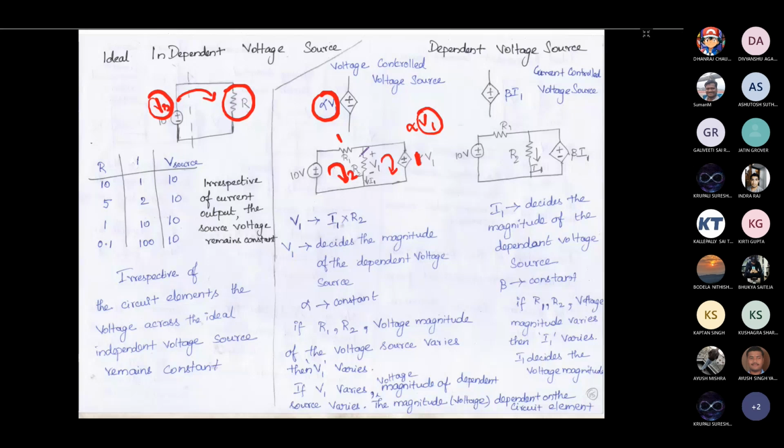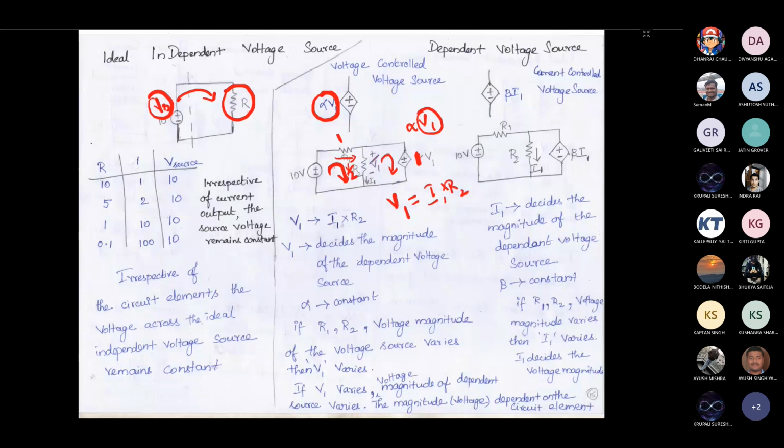So some current will flow through R1 and some current through R2. Let's say the current through this R2 is I1. So what will be V1? V1 is the voltage across the resistor R2, given by I1 into R2, because I1 is the current flowing through this resistor R2.